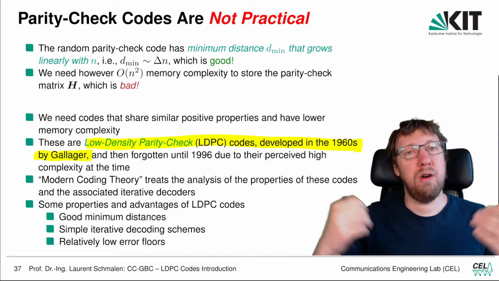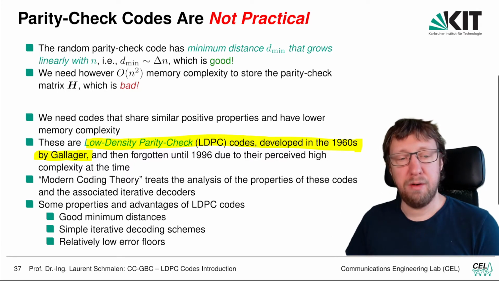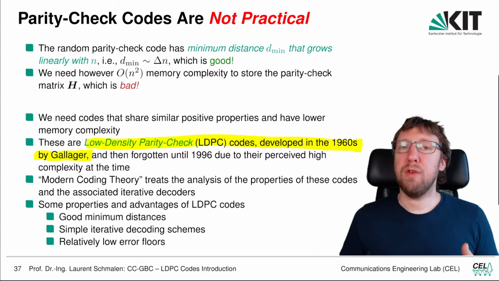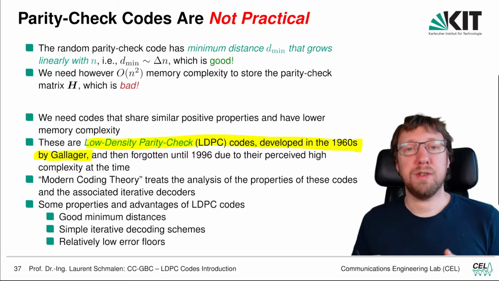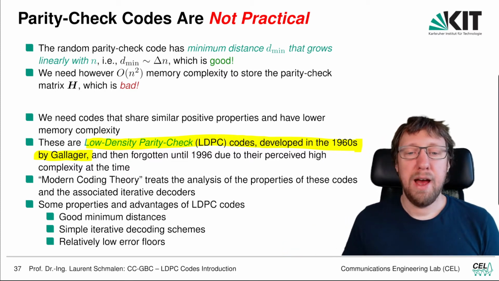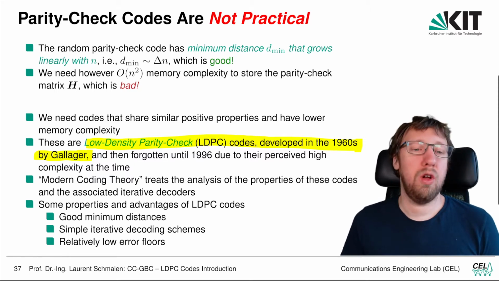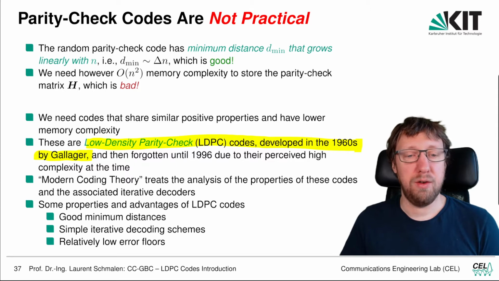The computing power increases very rapidly. And this rediscovery of low density parity check codes was a big breakthrough, and essentially it was the foundation of what we call today modern coding theory.